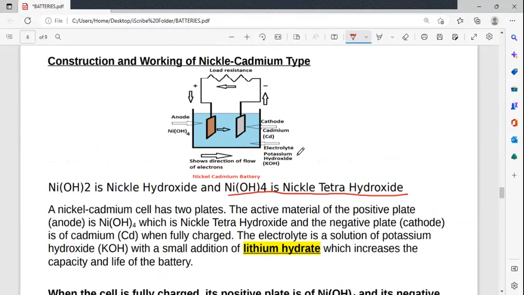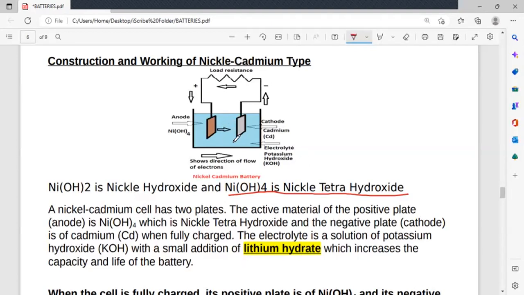What is the electrolyte? Your electrolyte is a solution of potassium hydroxide with a small addition of lithium hydrate. Now, lithium hydrate is not exactly taking part in the reaction. It is increasing the capacity and the life of the battery.